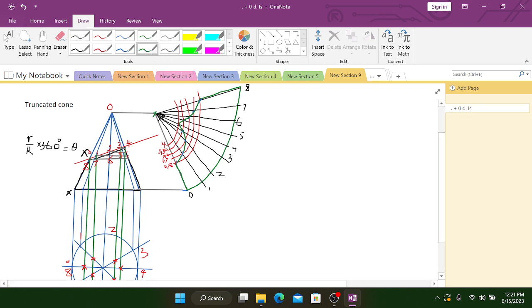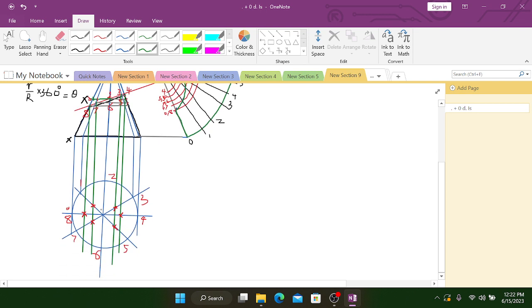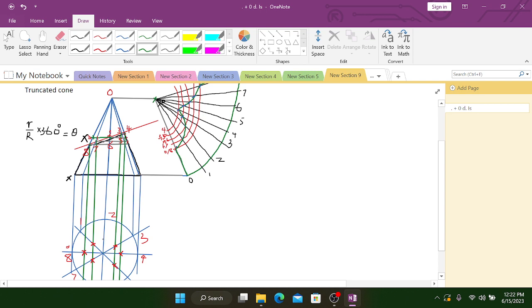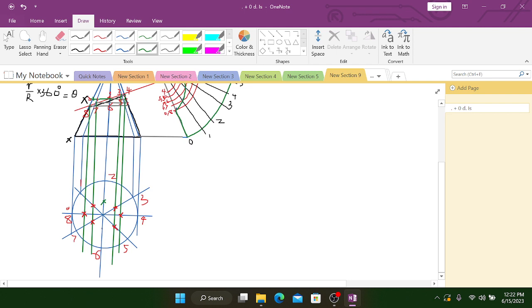First I want to draw a horizontal line, in this direction, from here up to this point. I want to draw a horizontal line from 2, and I want to measure this amount with my compass. I want to take this amount, and from here I am going to cut in this way, above and below.